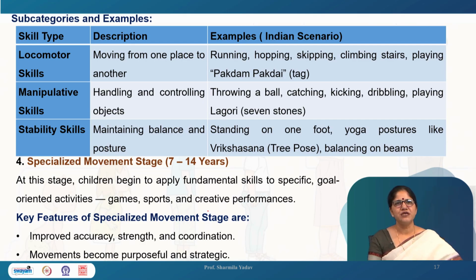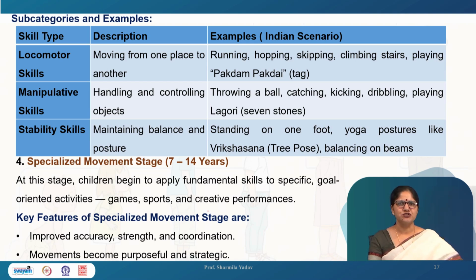And the fourth stage is the specialized movement stage, from 7 to 14 years. At this stage, children begin to apply fundamental skills to specific goal-oriented activities, that is games, sports and creative performances.